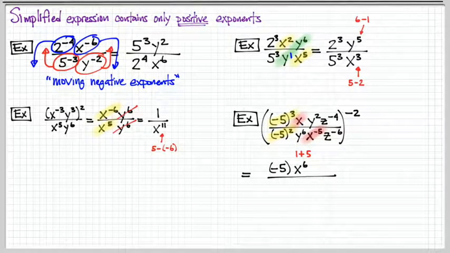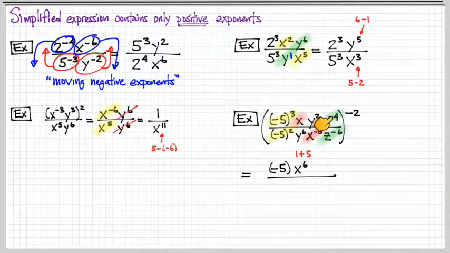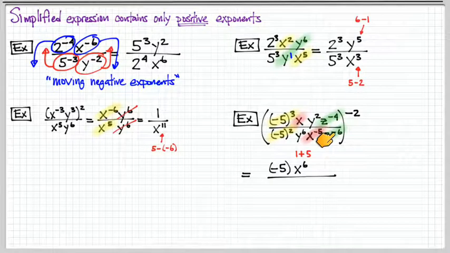Now let's look at the y terms. I have my y terms here. Oh, actually, let's look at my z terms here first. Negative 4 is a bigger number than negative 6. So I'm going to bring the negative 6 up to the top.